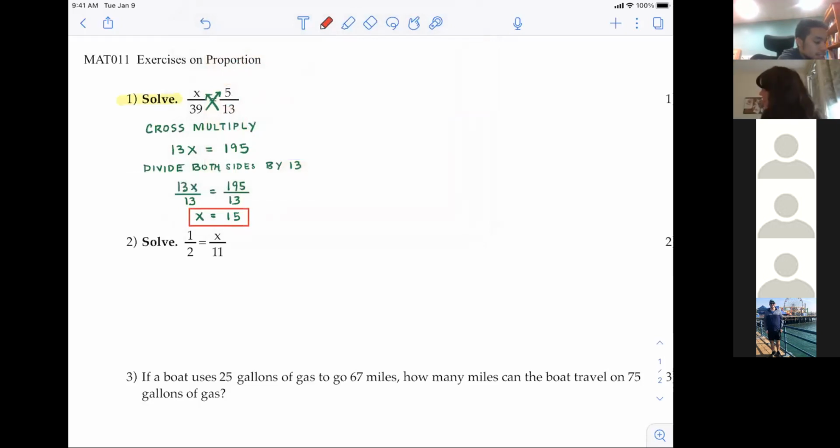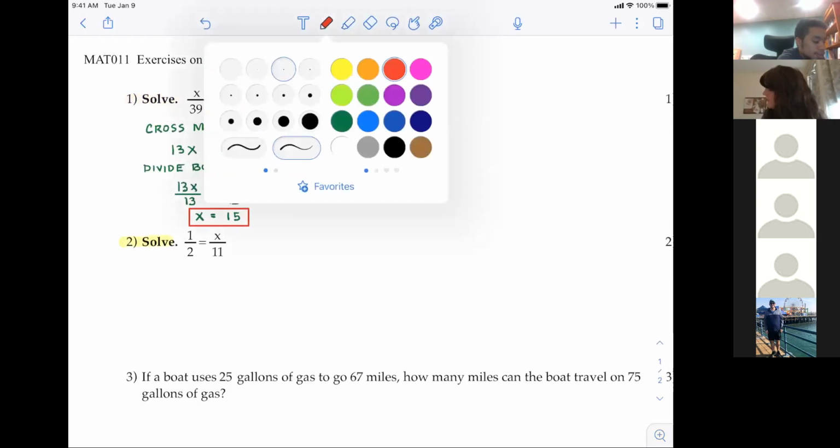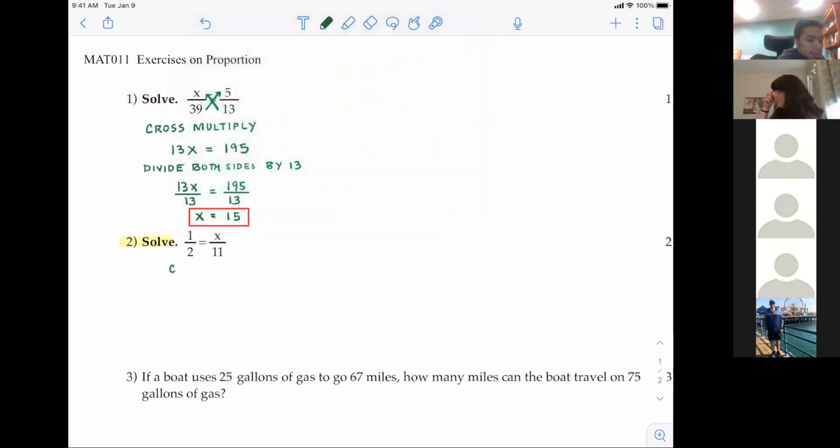Now, number 2 is done similarly. Once again, you're solving for a proportion. So the protocol here is that you cross multiply once again. If you cross multiply this time, I get 1 times 11 equals 2 times 6. You see that?